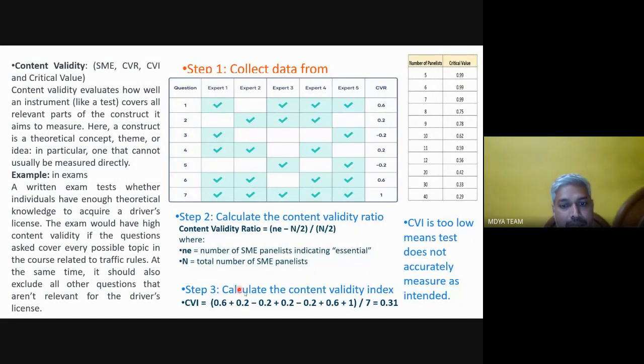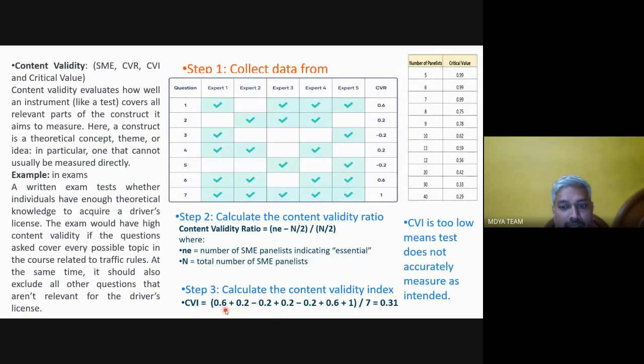Now, third step is to calculate the content validity index. After content validity ratio, what do we have to measure? We measure content validity index. So its short form is CVI. So what they did, they calculated the CVR ratio. It's simple.